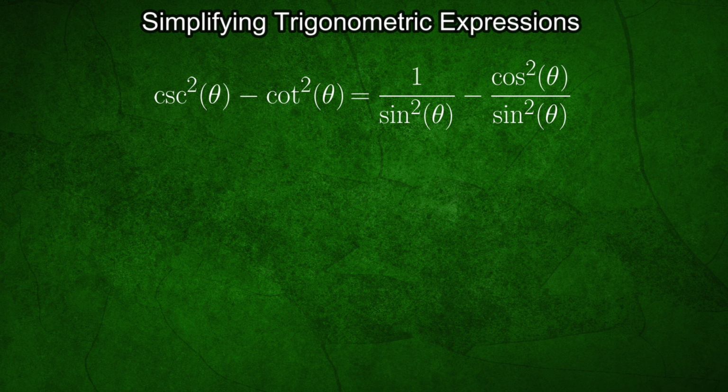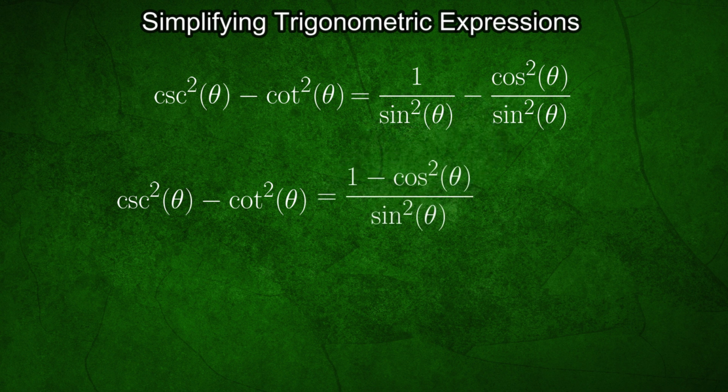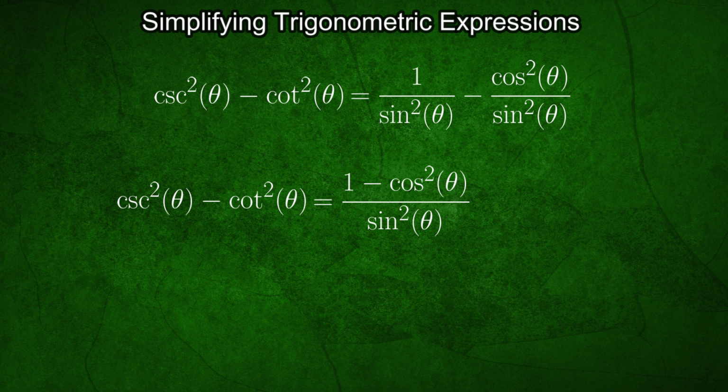So the original expression can be written as 1 over sine squared of theta minus cosine squared of theta divided by sine squared of theta. And as we have the same denominator, we can simplify this as 1 minus cosine squared of theta divided by sine squared of theta. But the numerator can be rewritten as sine squared of theta, divided now by sine squared of theta, which is equal to 1.